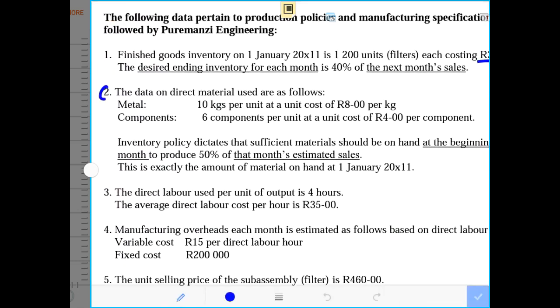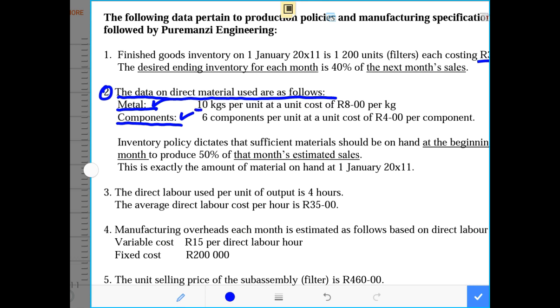And number two, being very critical information, they say the data on direct material used are as follows. We have the material, which is the metal, and the second material, which is called components. That means for a product to be complete, for this purification of water to be complete, we need a metal and also components.